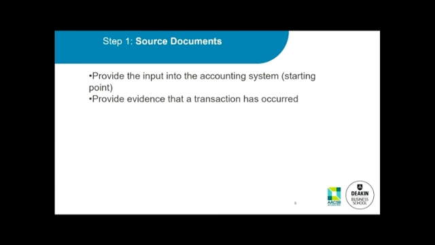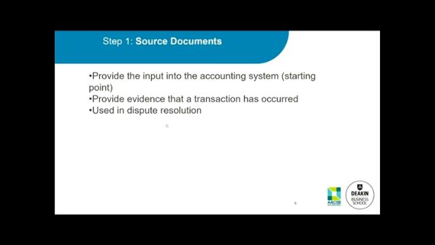Okay, so what is an example of a source document? Yeah, a receipt or a payment or an invoice or a bank statement, all of those things could be source documents. Because the source document is the originating piece of documentation that we need to process to justify that the transaction has occurred.